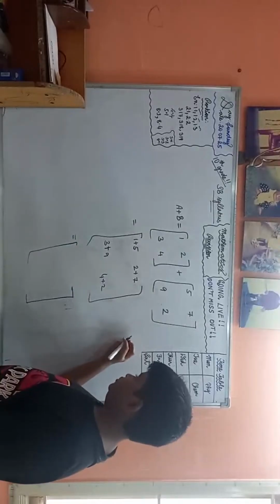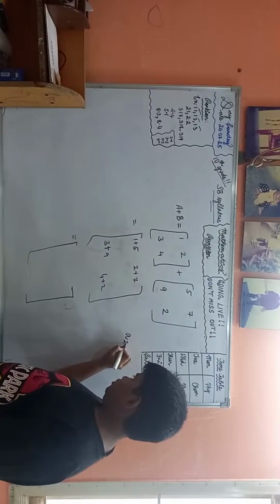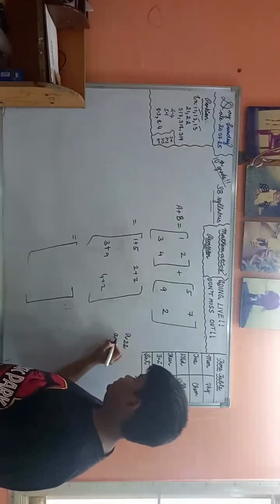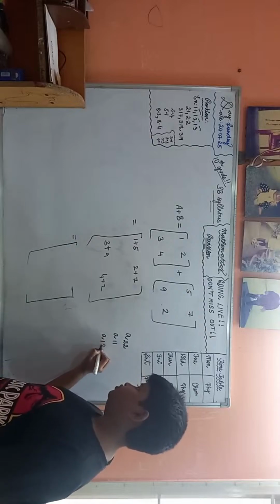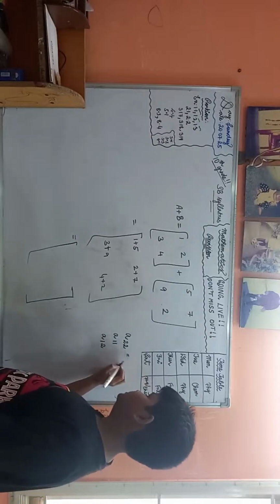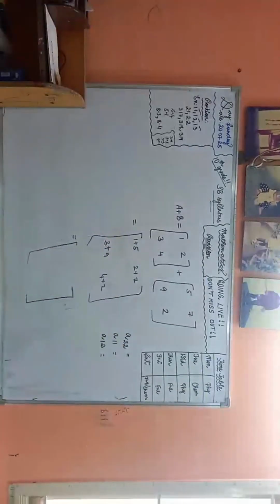And I also need you to answer what is A22, A11, A12. Let's see if you understand. First, I want the matrix. I want the matrix to be done immediately.